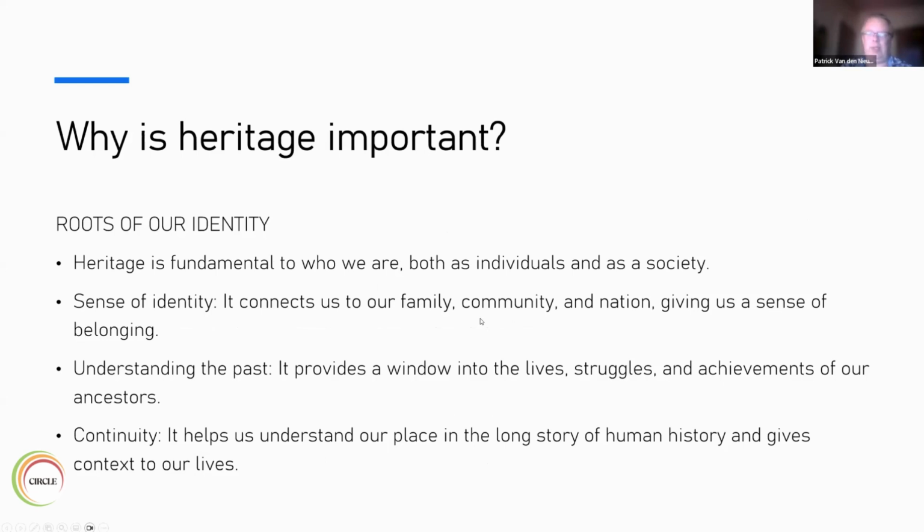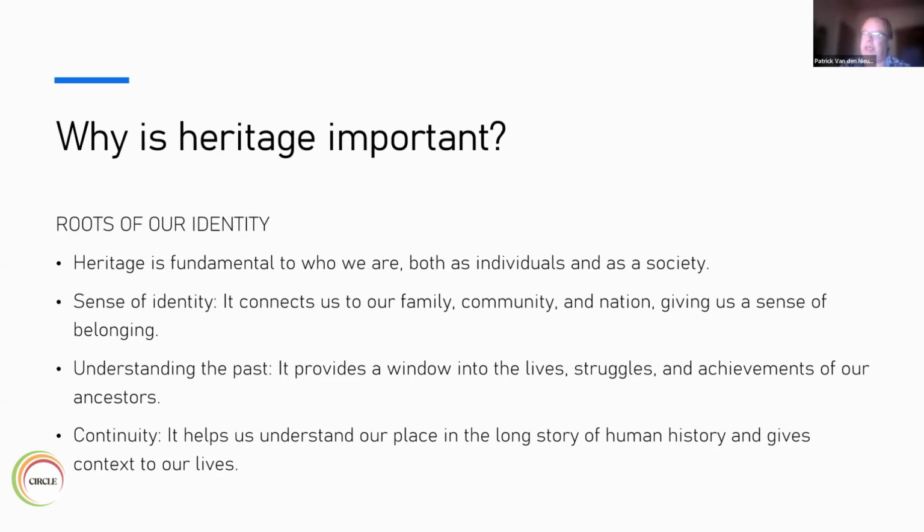Why is it important to talk about heritage and to keep heritage? On the one hand, it's referring to our identity. It's going to the roots of our identity. We can connect to our family, our community, region, nation.